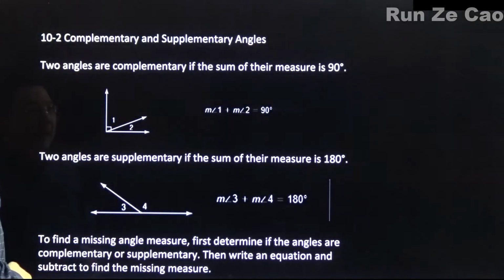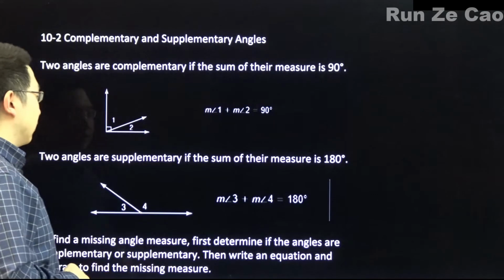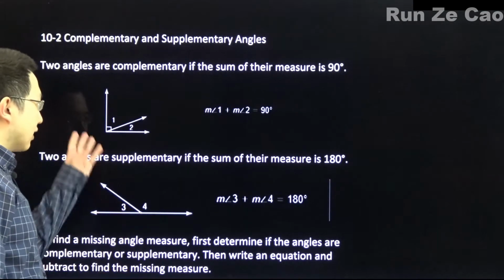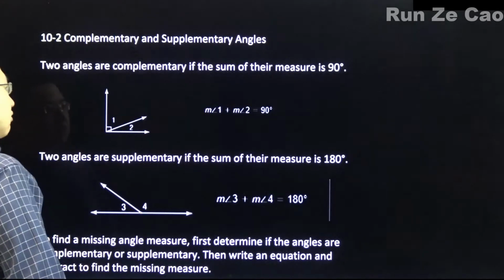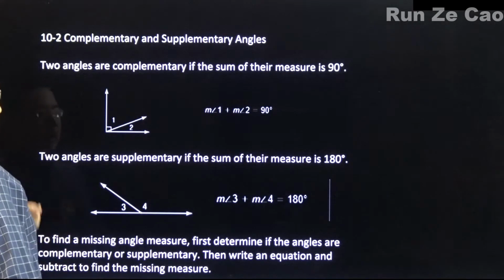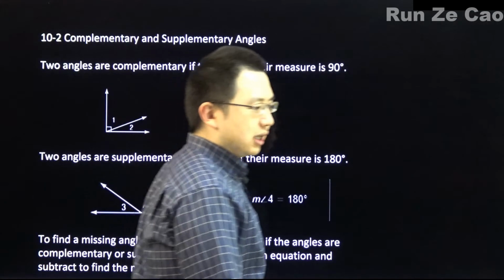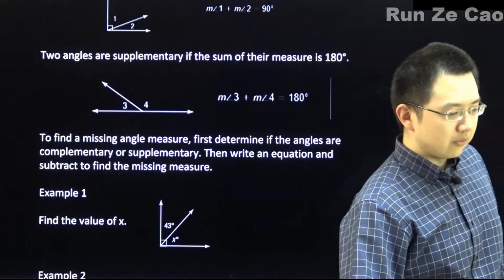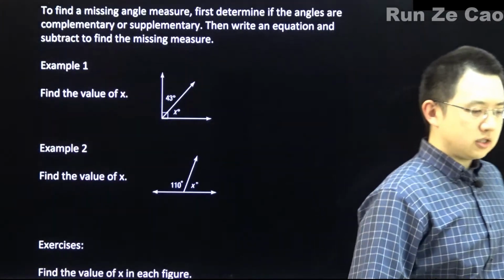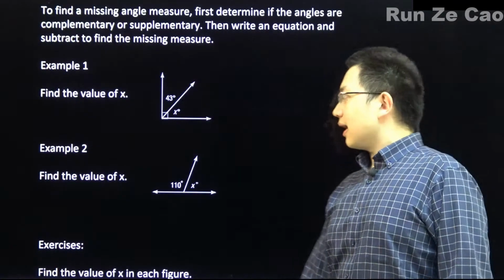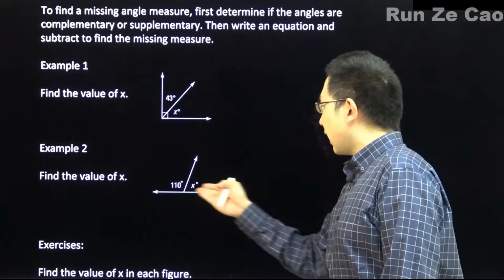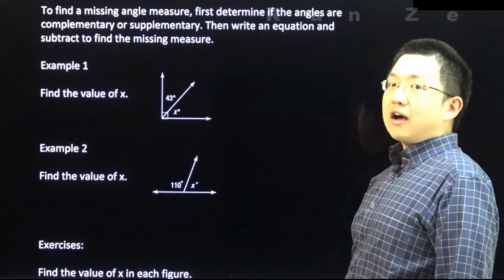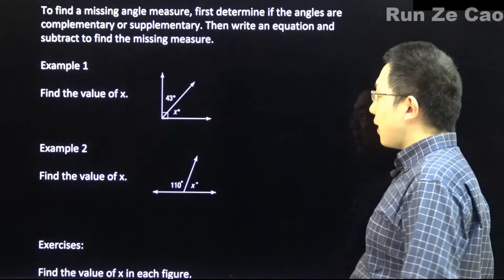Now, let's talk about what happens when you add or subtract angles. Specifically, complementary angles add up to 90 degrees. Supplementary angles add up to 180 degrees. If you want to find a missing angle measure within, say, 90 degrees or 180 degrees, or within however many degrees, you have to do some angle subtraction.